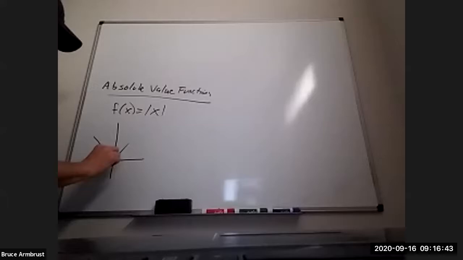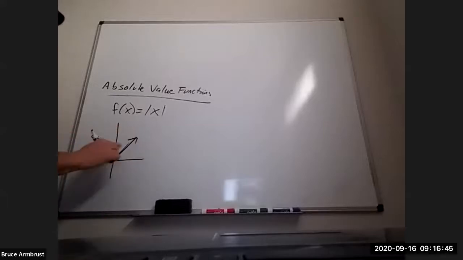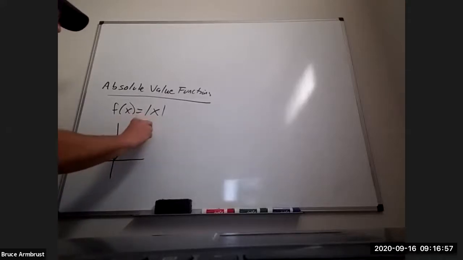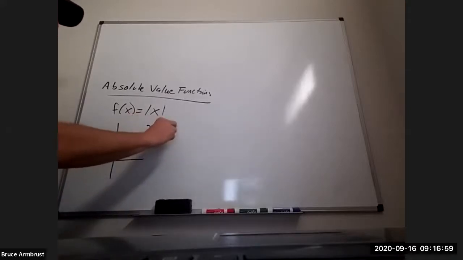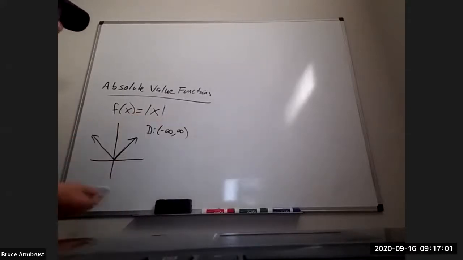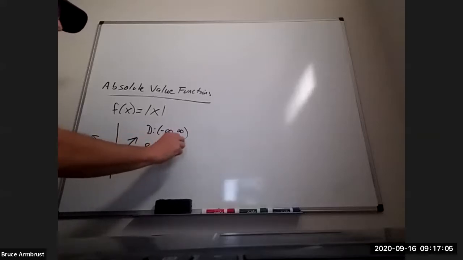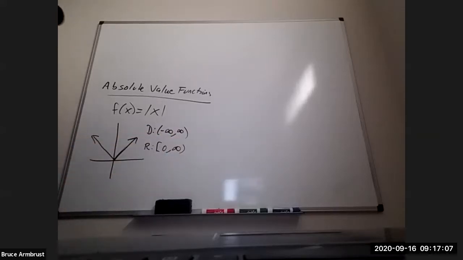It's all good. So it looks a little bit like this, right? If you include the bottom of the y-axis, it definitely looks like a Y. But there's your absolute value of x, right? So it looks like this. In terms of its domain and its range, domain is anything. You can plug anything you want in. Its range is just non-negatives, right?